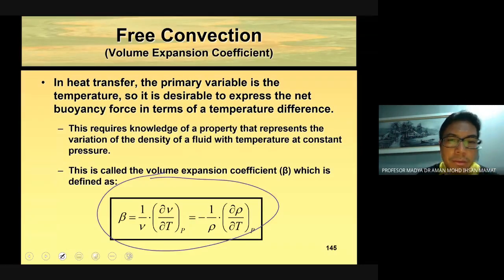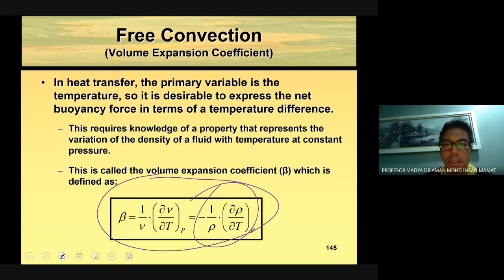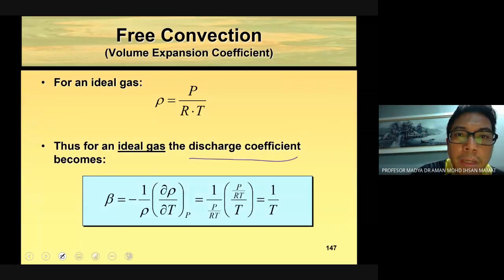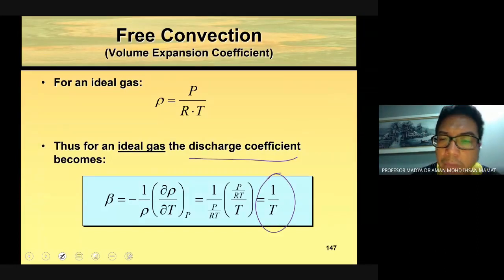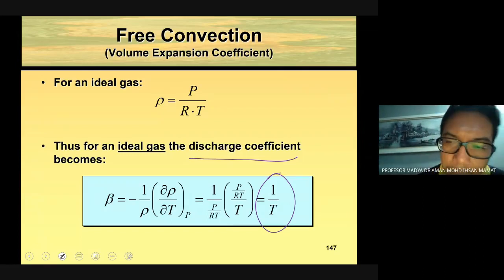Thermal expansions, volume expansion coefficient beta, which is correlated with 1 over rho, gradient rho over gradient T. Sorry, the volume expansion is the inverse of the temperature, 1 over T.